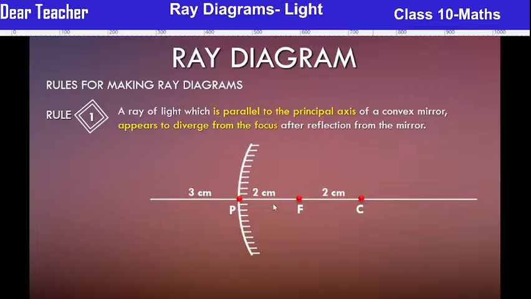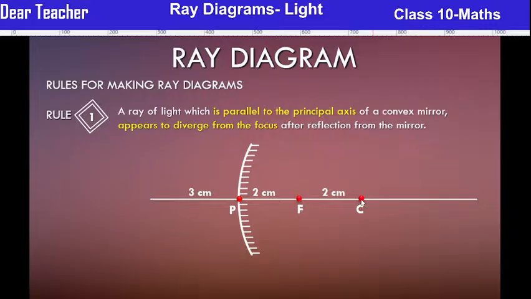So now this is how you have to draw a diagram. First you should draw a principal axis and then you draw a mirror using the protractor and take 2 centimeters F and take 2 centimeters C. This is only with respect to the protractor, compass protractor. If you draw this convex mirror perfectly using the compass, that will also do.